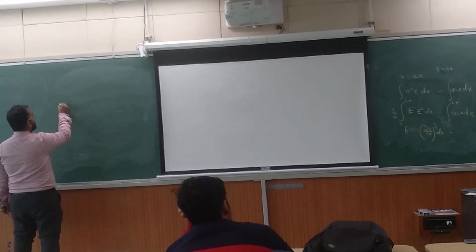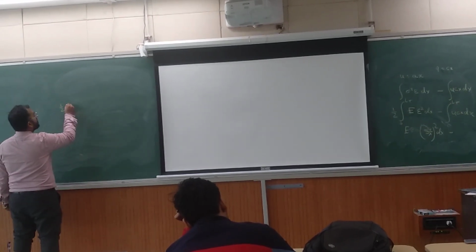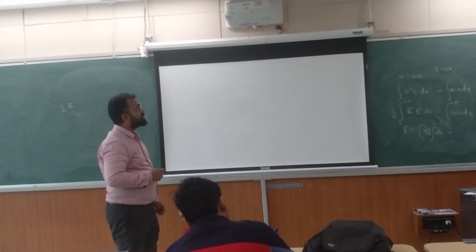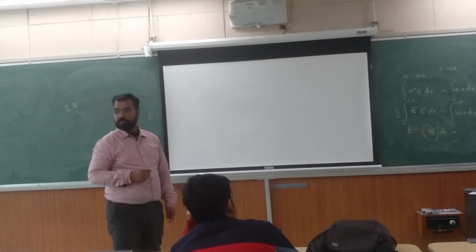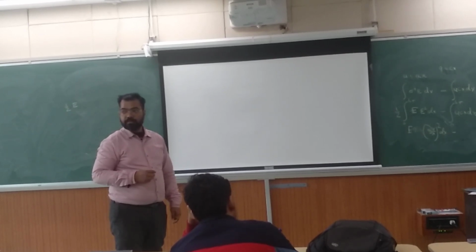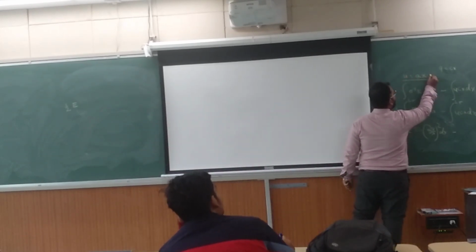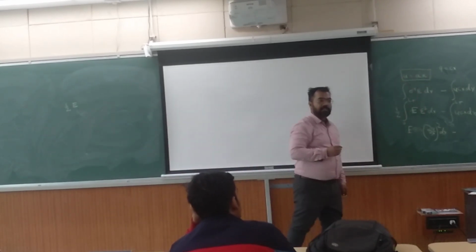So then what will I have? Half into E, and then del u by del x will be A1, right? Del u by del x will be A1, right?